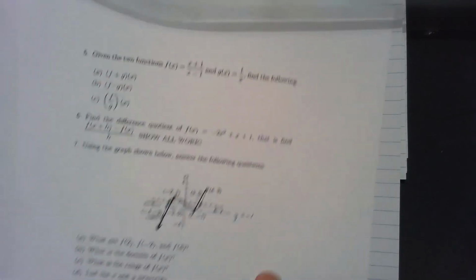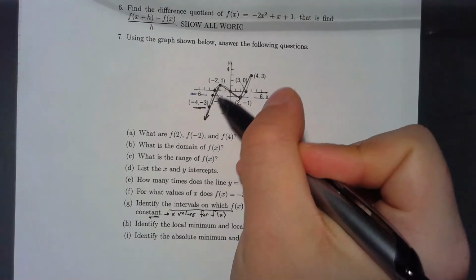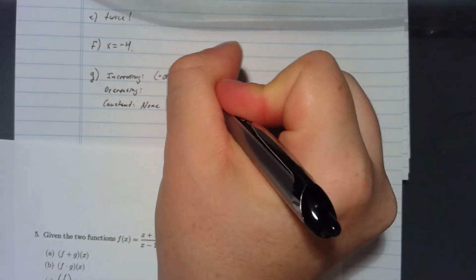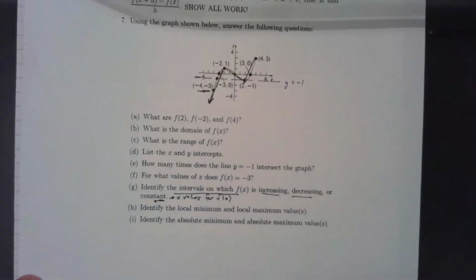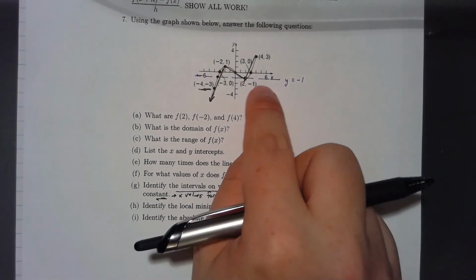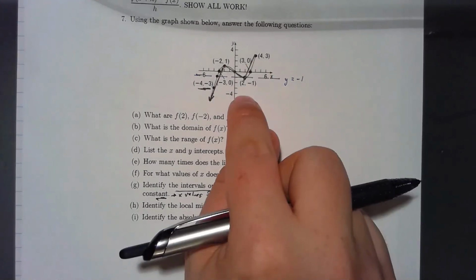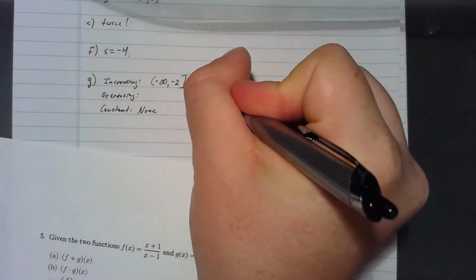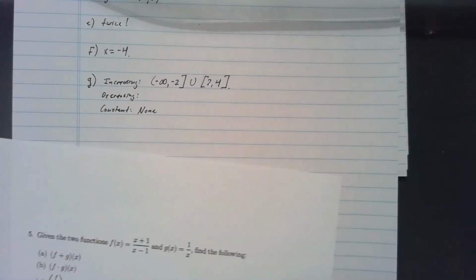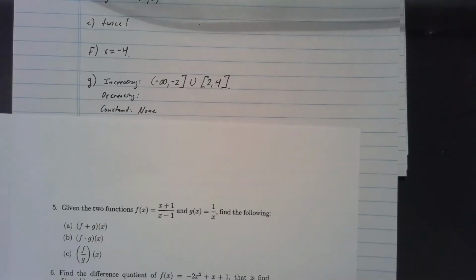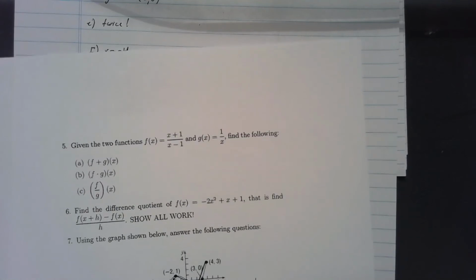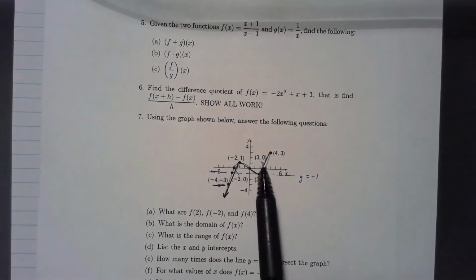So the x values on this interval are from negative infinity up to negative 2. That's for increasing, including negative 2. And then from 2 to 4, including 2 and 4. So union 2 to 4. The decreasing interval, there's only one, and it goes from negative 2 to 2.